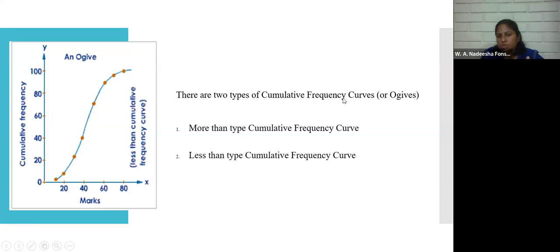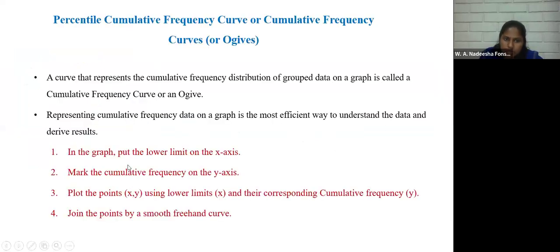There are two types of cumulative frequency curves, or ogives: more than type cumulative frequency curve and less than type cumulative frequency curve. We can draw the ogive using lower limits and also using upper limits of that class.